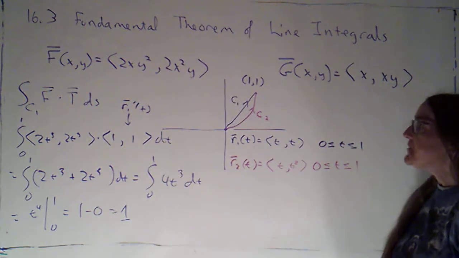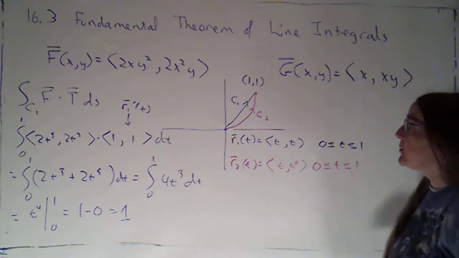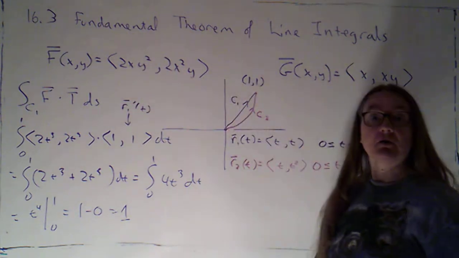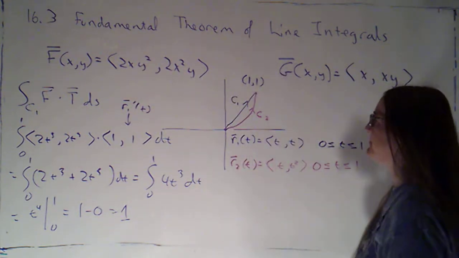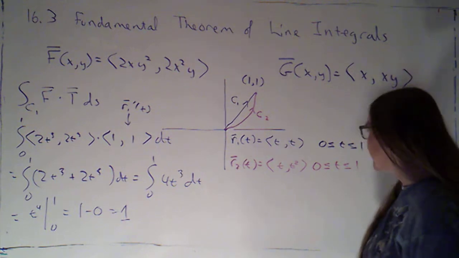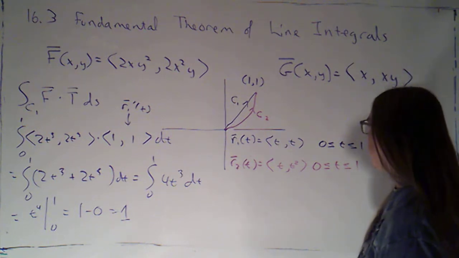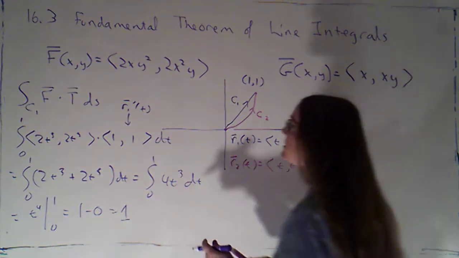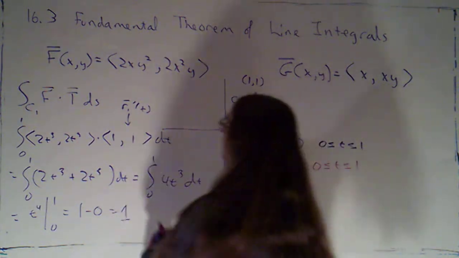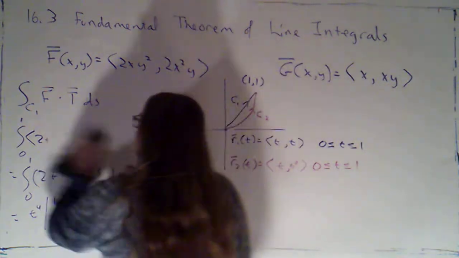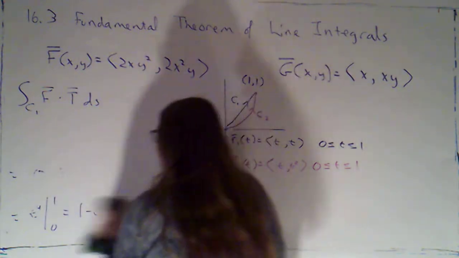Okay. So we simply got 1 when we integrated F along curve 1. Fabulous. Okay, let's do it along curve 2. I'm going to just record that this result was 1, but clear my workspace.